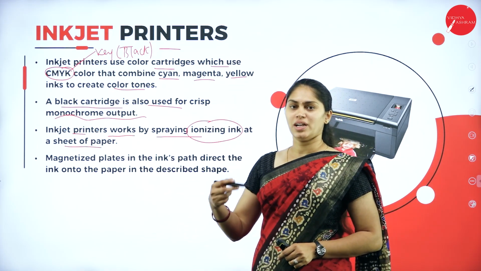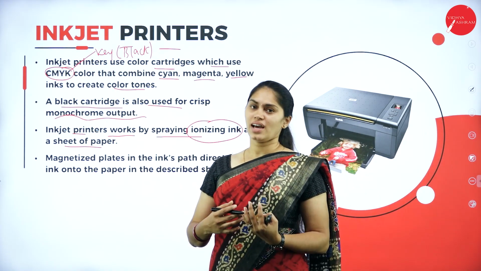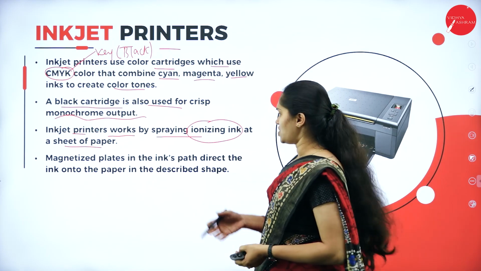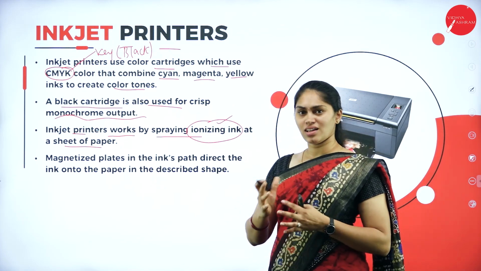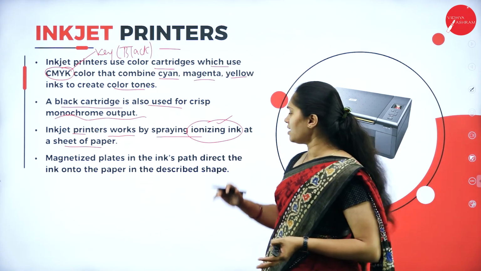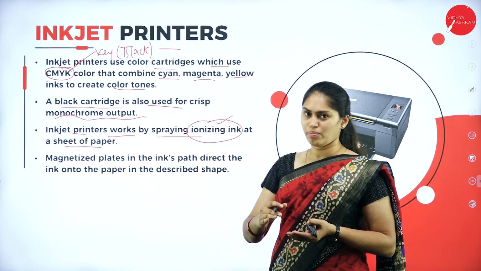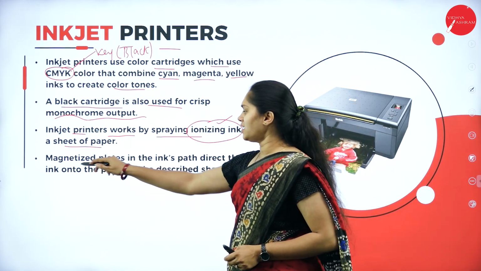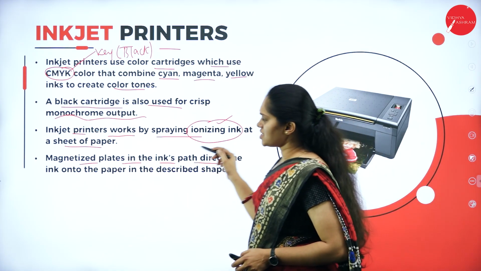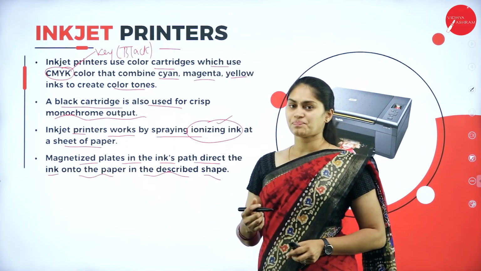From one type of printer to another you can see the mechanism they use in order to print an image. Here we have an ionizing ink; in the previous one, we had a dry powdered ink. Here the ionizing ink is spread on the sheet of paper, and also magnetized plates in the ink spout direct the ink onto the paper in the desired shape.